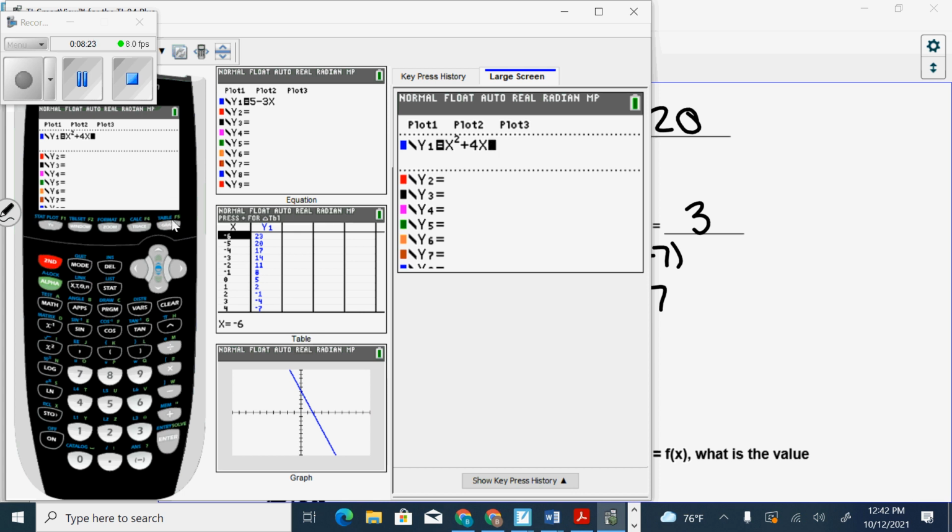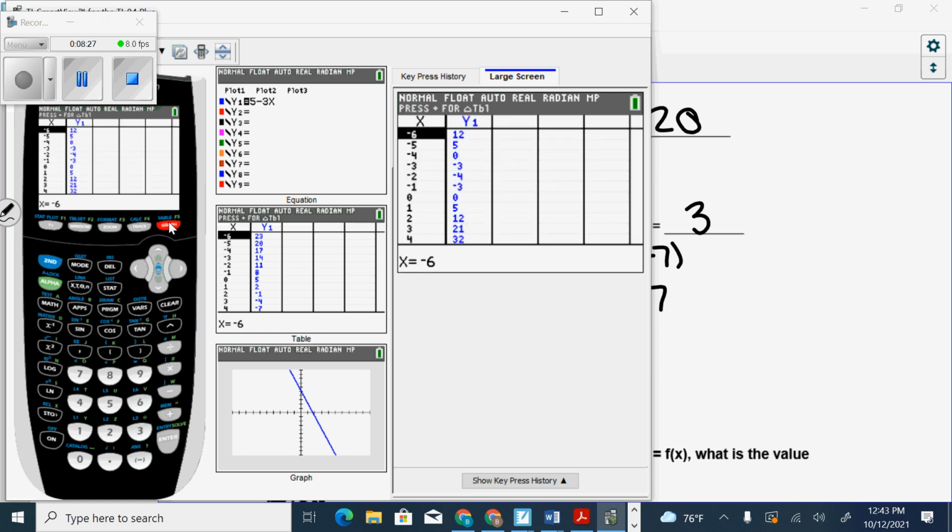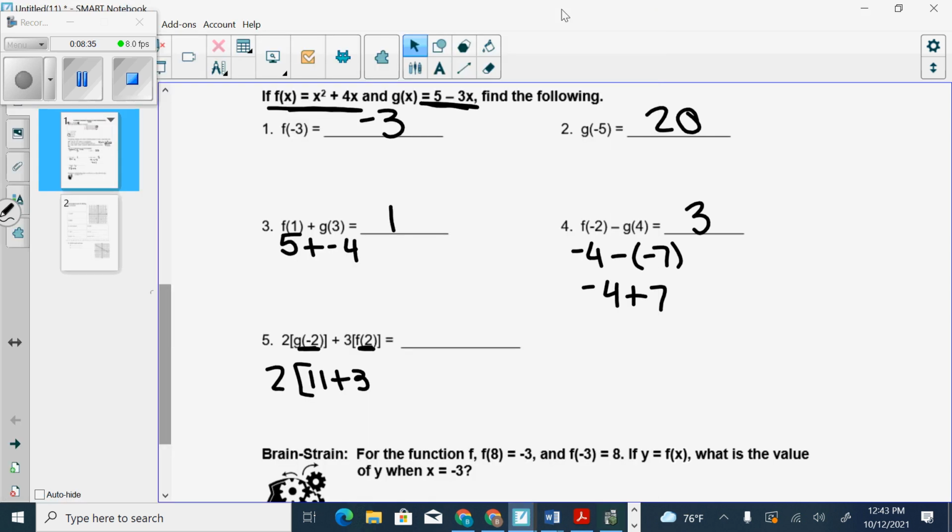Okay, and what is f of 2? 12. Okay. And that's all inside of a bracket, right? This was in a bracket, and then that was in its own bracket.